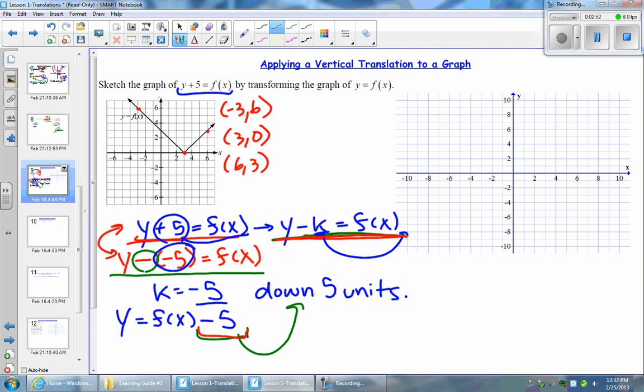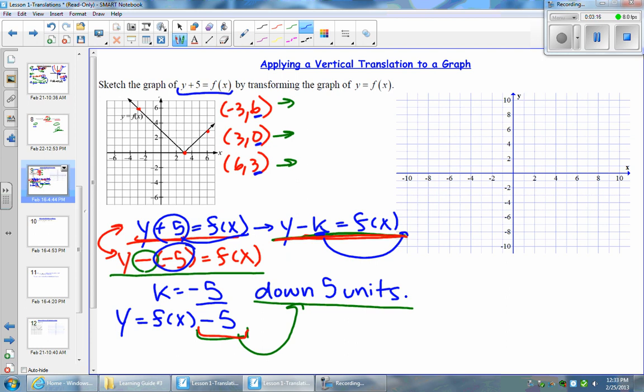And what we're going to do is perform the vertical translation to each of these points to draw the new graph. So remember, the transformation that's happening here is we are moving down 5 units. So when we're vertically translating our graph, the only coordinates that should change here are the y coordinates. These are the coordinates that are going to be affected as a result of our vertical translation.